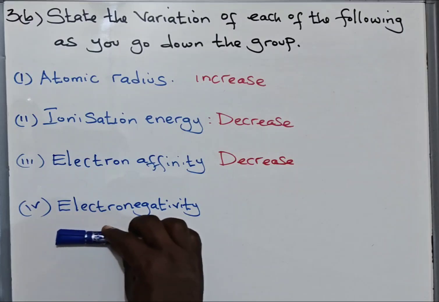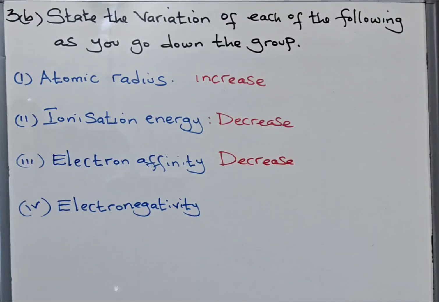This is the tendency of an atom to attract electrons to itself. And here we have to admit that the smaller the atom, the closer it is to the positive attractive force. So small atoms are highly electronegative compared to the big atoms.